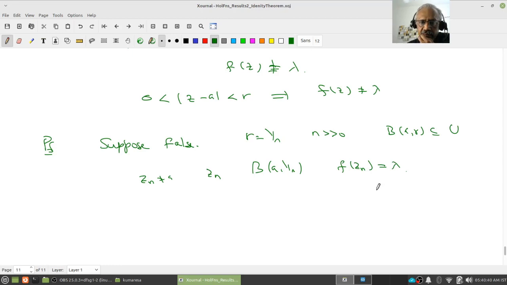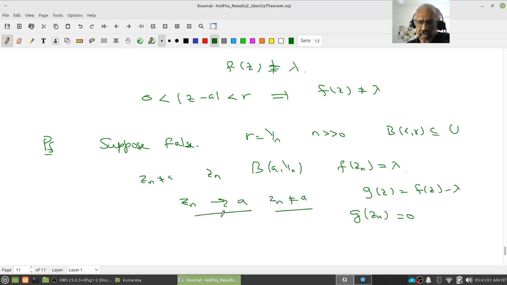Now let's look at such zn. The zn converge to a, and the zn are different from a, and if I look at the function g of z equal to f of z minus lambda, then g of zn are all 0. The zn are different from a, and zn converge to a.